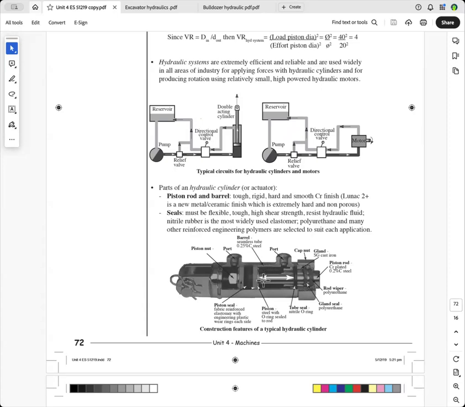And this is the piston rod here. And you can see that the piston rod is very highly finished. It's a chrome, and you don't want any pickup on that. You want it to be nice and smooth so that it doesn't damage any of these seals down here.